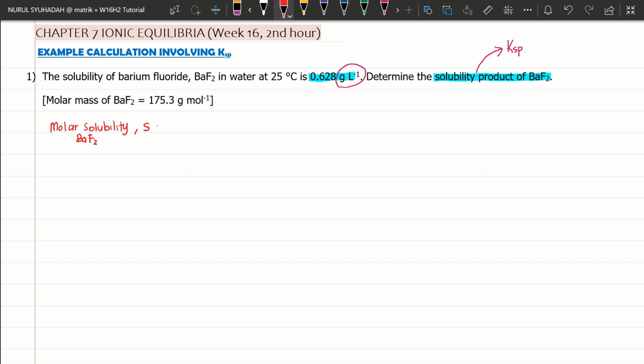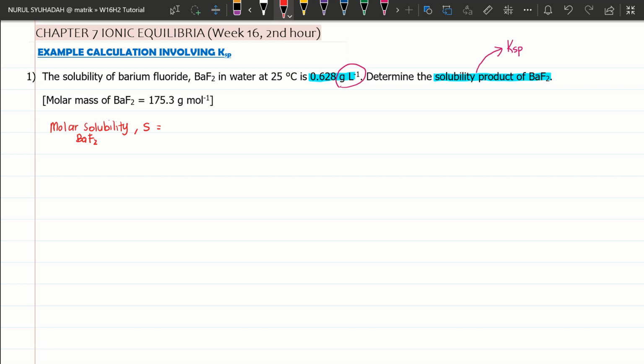So, macam mana nak cari nilai solubility? Kalau awak check balik kat nota awak, okay, saya ada buat arrow, kiranya macam conversion. Itu perkataan sebenar. Conversion untuk dapatkan daripada solubility kepada molar solubility. Okay, by using the molar mass. So from solubility to molar solubility, kita akan bahagikan dengan dia punya molar mass and vice versa.